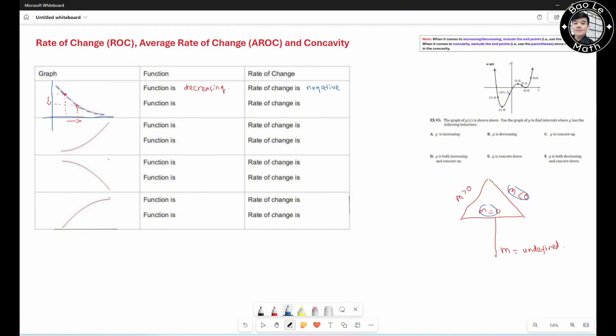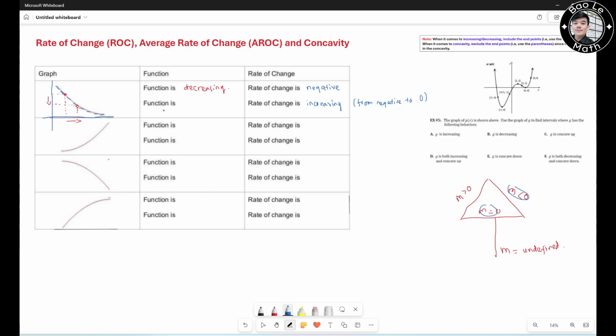Because you see that this graph is going down right here, and the rate of change is increasing. This is actually increasing from negative to 0. It's getting less negative.